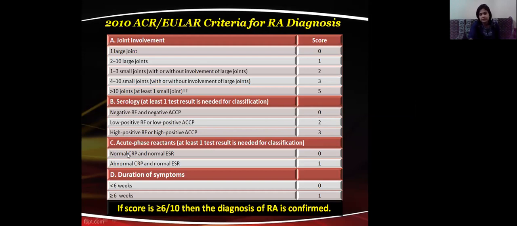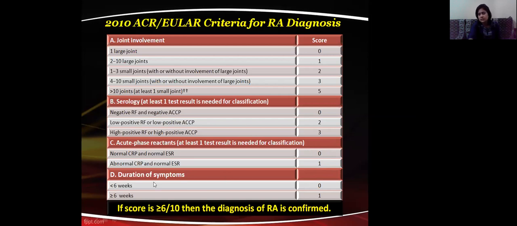Acute phase reactants like CRP and ESR: if they are normal, the person will get 0 score, and if abnormal CRP or abnormal ESR, the person will get score 1.